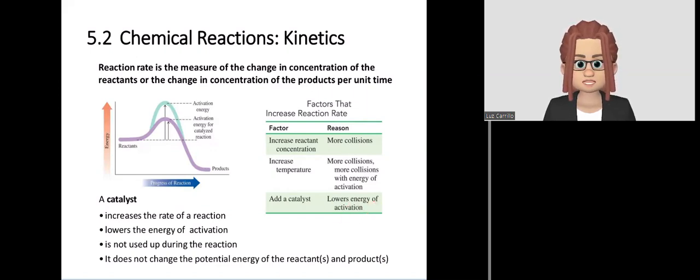If we look at the left side of the slide, we can actually see an example of a reaction and what happens overall without a catalyst and with a catalyst.